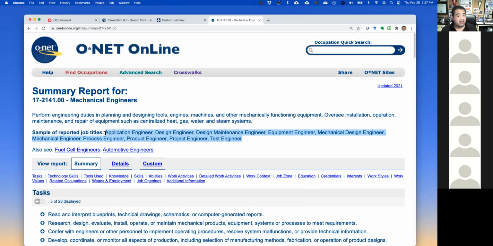So a mechanical engineer could also be considered an application engineer, a design engineer, equipment engineer, process engineer, project engineer, test engineer, okay? So when we think about specific ways of broadening your search within, say, Indeed or LinkedIn, or even within this occupational dictionary, you could expand your language and your terminology and your search terms, keyword searches, actually.